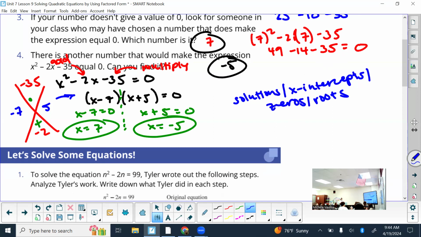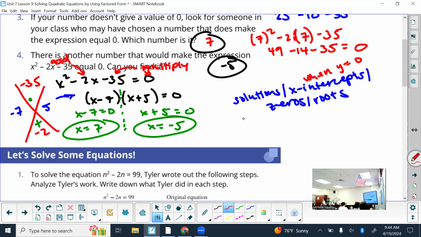X-intercepts, by definition, are when Y equals 0. So like this expression has an input. Right now we're saying the output is 0. That's the Y is 0. Zeros, like literally what it has to be to make it 0. They're all talking about the same thing.